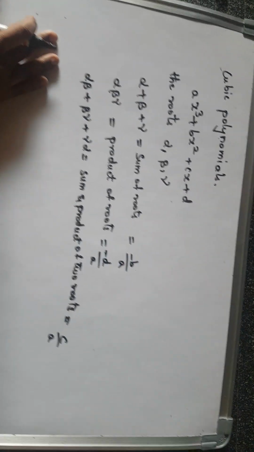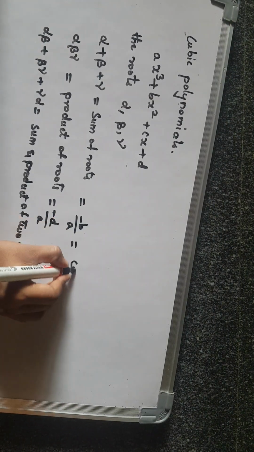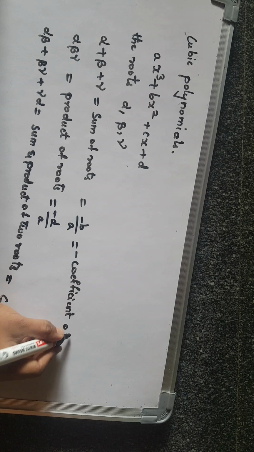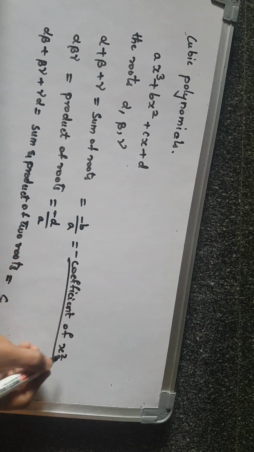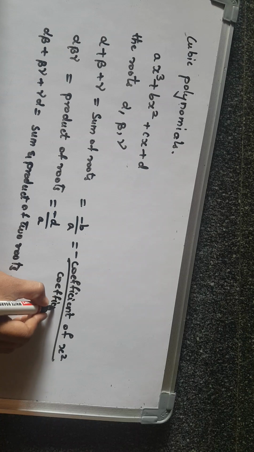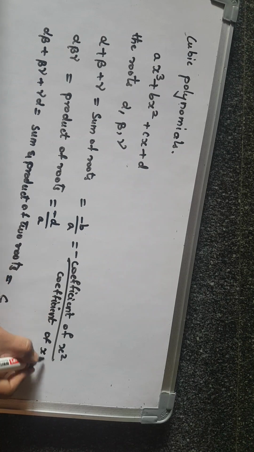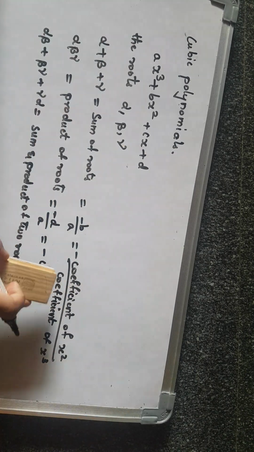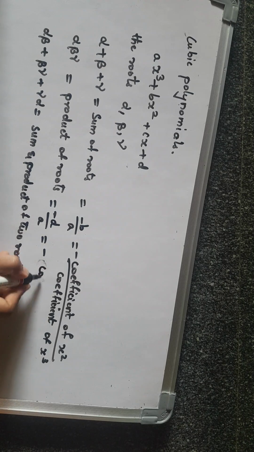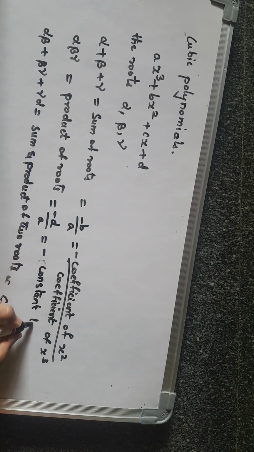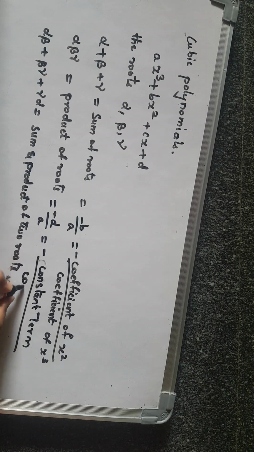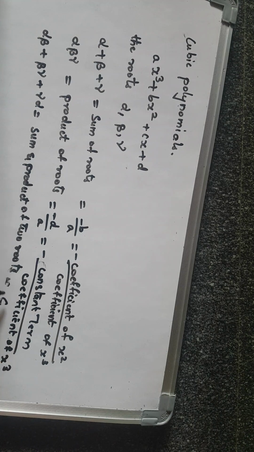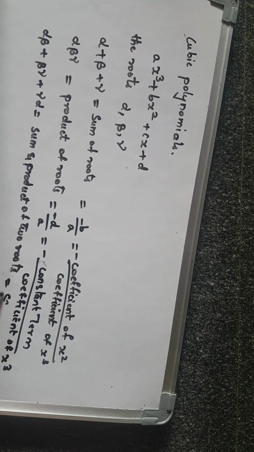This can be written as minus of the coefficient of x square by the coefficient of x cube. Here we can write minus the constant term by the coefficient of x cube.